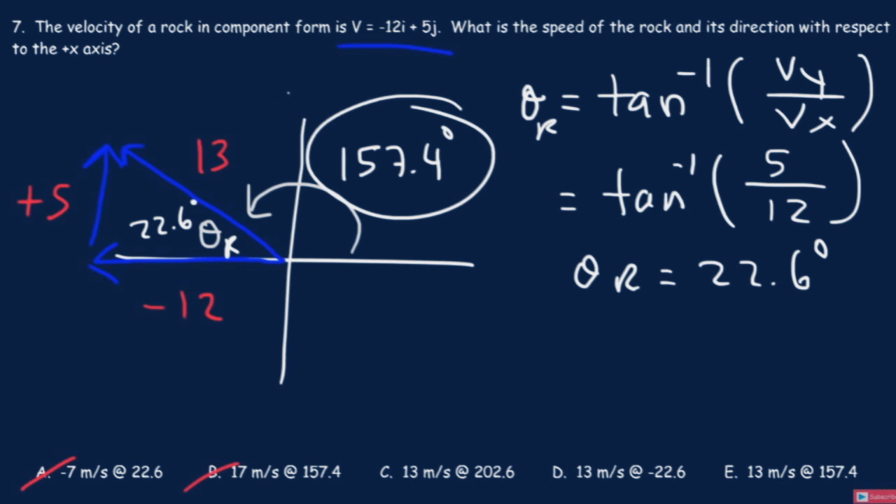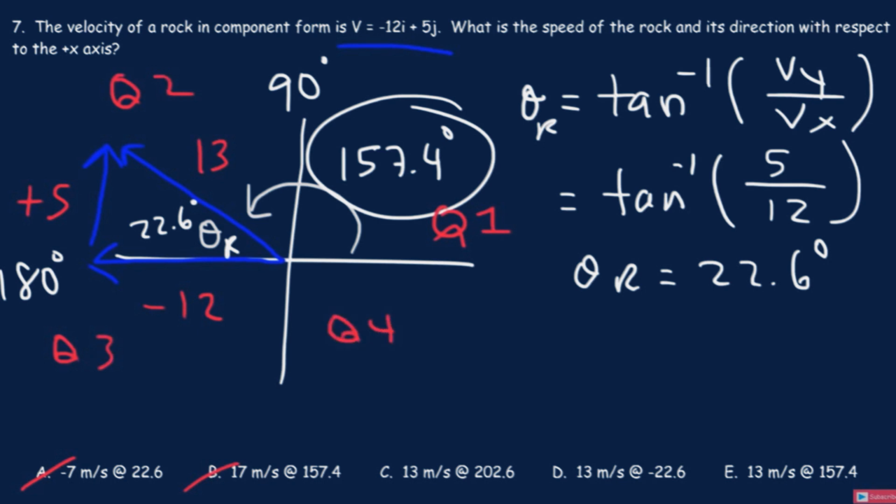Now this is quadrant 1, quadrant 2, quadrant 3, and quadrant 4. So now we have the direction. It is 157.4 degrees with respect to the positive x-axis. So therefore, E is the right answer.